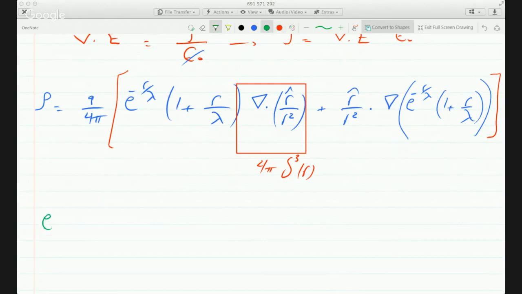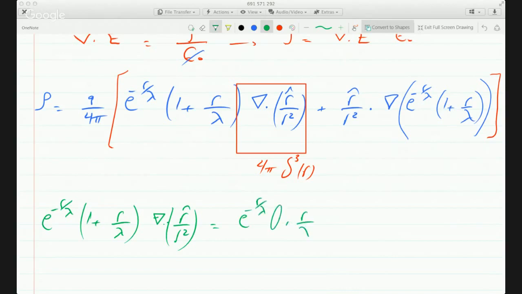For the first part, we have e to the minus r over lambda, 1 plus r over lambda, times 4 pi Dirac delta function cubed.